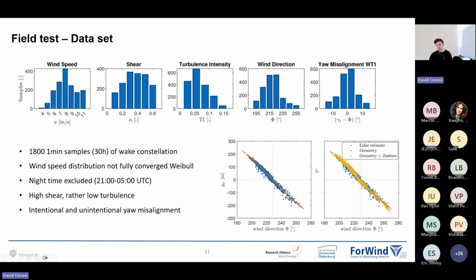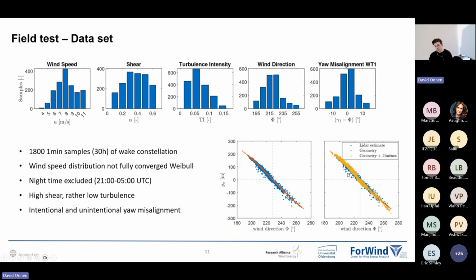Some of that could be explained by the yaw misalignment, because we know that yaw misalignment causes wake shifting. So I tested that here. I employed this Jimenez model based on the known yaw misalignment that we have. And we see that the order of magnitude of the spread approximately matches, but still it doesn't cover all the variance of the wake position.